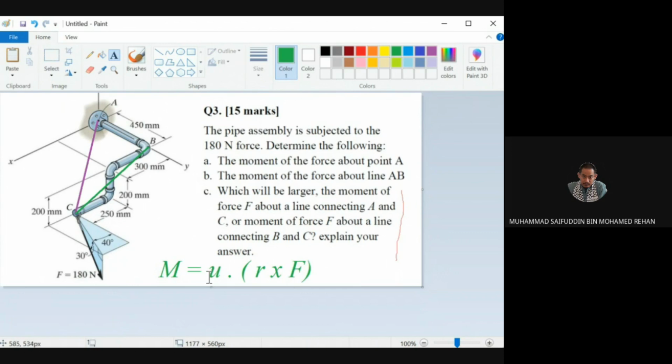The unit vector is for the axis. The important thing here is the position vector. When we say it doesn't matter, it means from any point of the axis to any point of the force. For the force here, we only have point C.